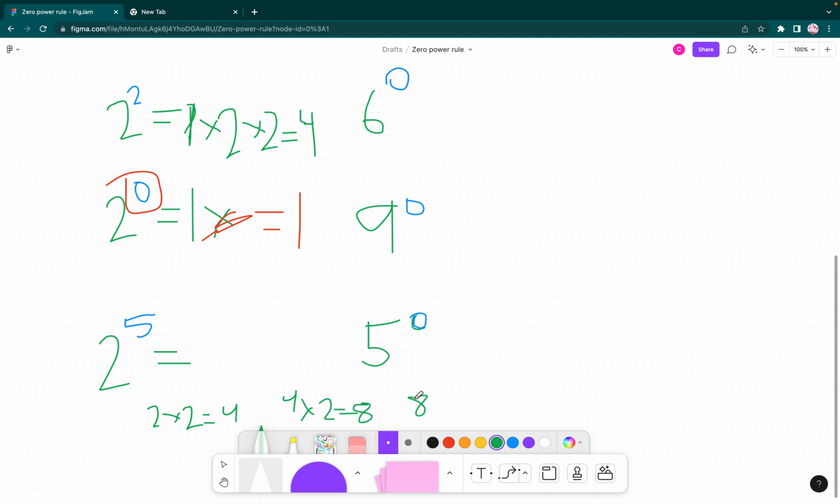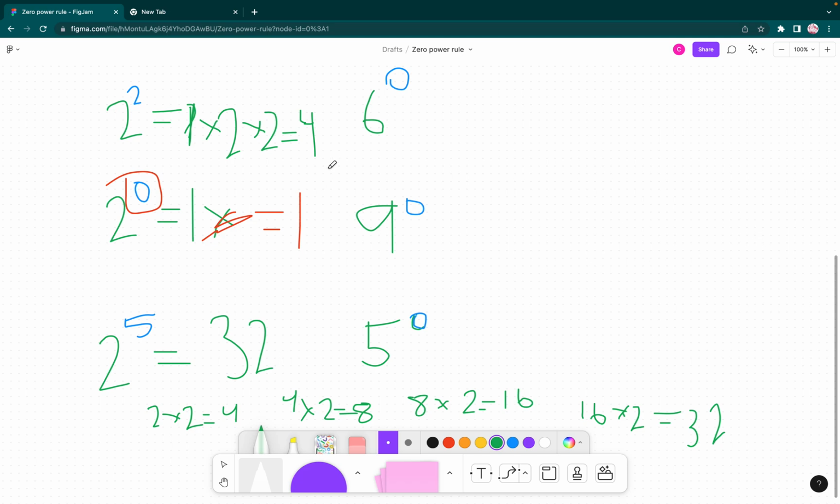Now 8 times 2 is equal to 16. Now one last time, 16 times 2 is equal to 32. So 2 to the power of 5 is 32.